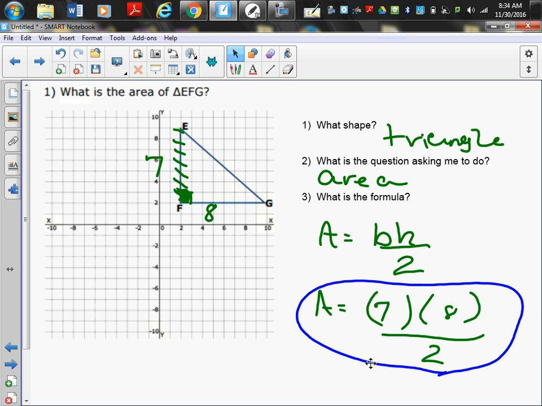Miss Hollifield. Y equals alpha second. Hold on. Alpha Y equals. Alpha Y equals. Then enter. So you're going to enter it exactly like you see it right here. 7 times 8 under 2. So what's the area of this triangle? 28.